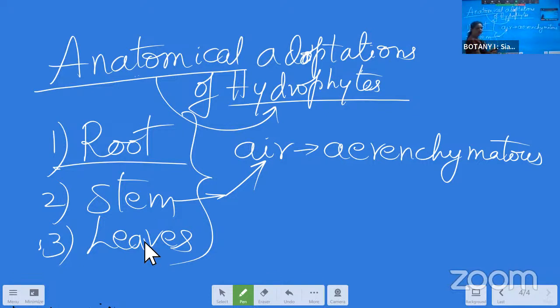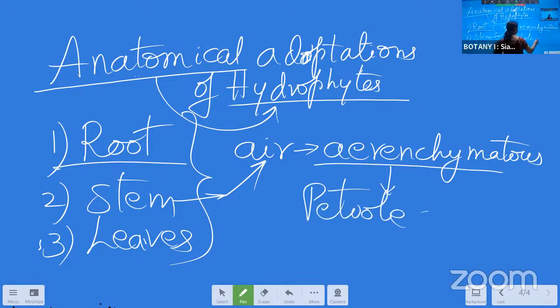And next comes the leaves. For the leaves, we have to write the internal arrangement over here, the leaves and the petiole of the leaves. The leaf petiole has aerenchymatous tissue more, it is more in the petiole of Nymphaea.